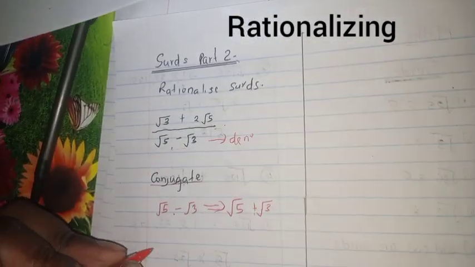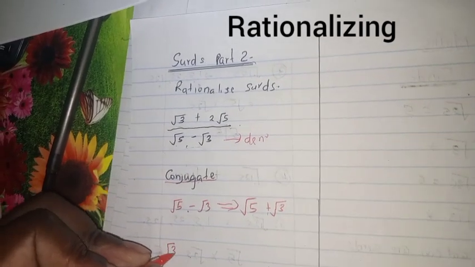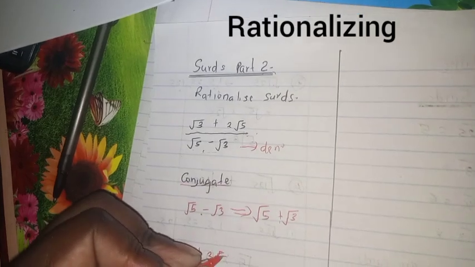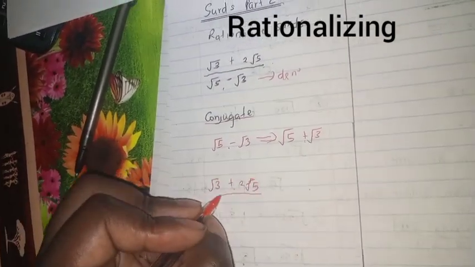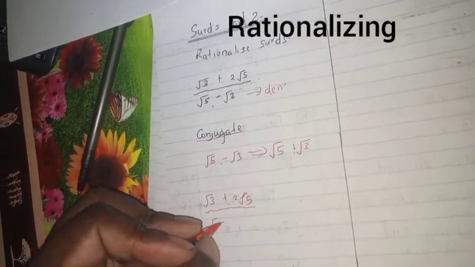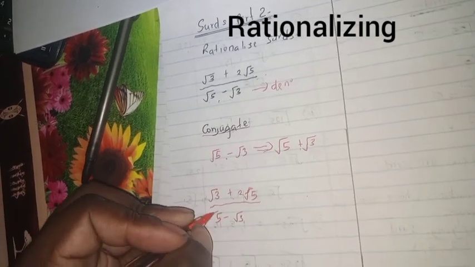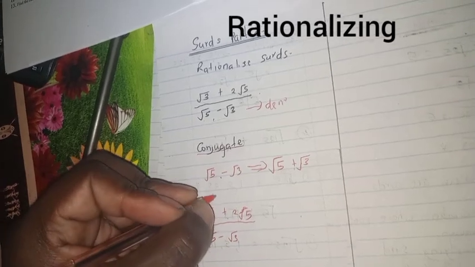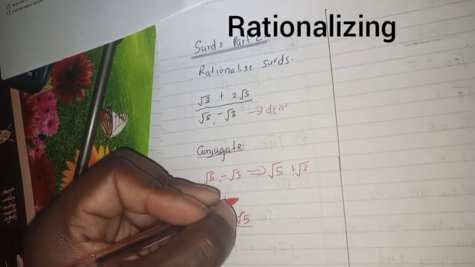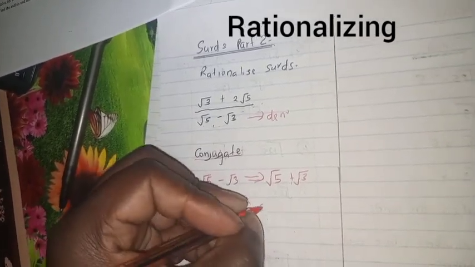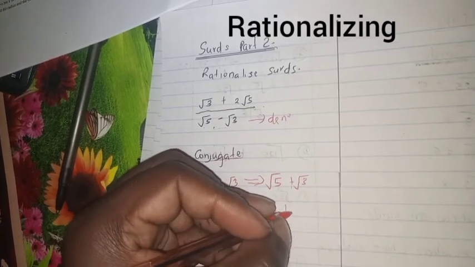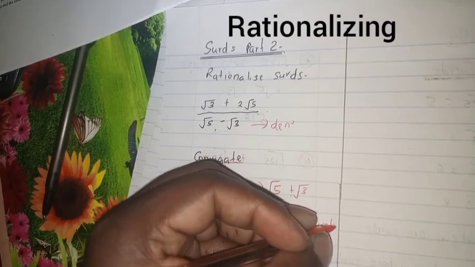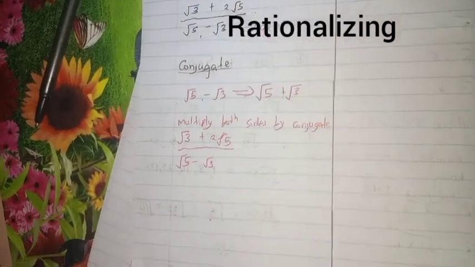Therefore, we'll write it as root 3 plus 2 root 5 over root 5 minus root 3. Now we multiply both sides by the conjugate.